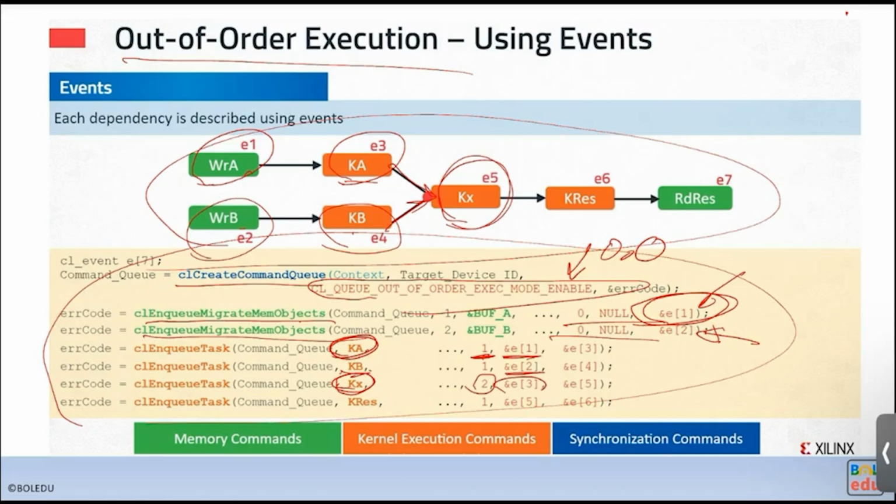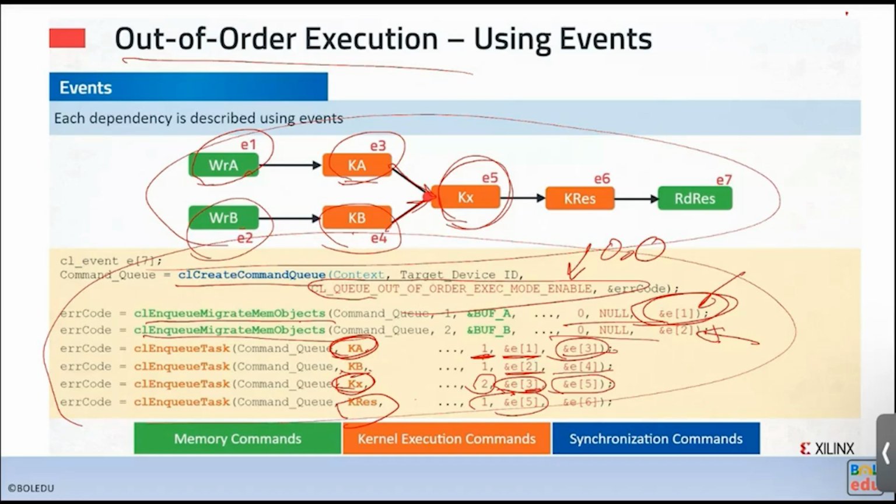And this one means starting from 3. Basically, wait for event 3 and event 4 to complete before it can start. When it starts, it generates event 5. So for K result to execute, you have to wait for KX to complete.